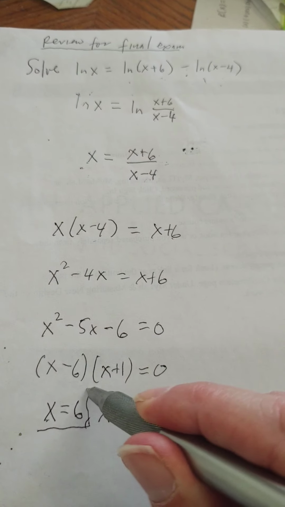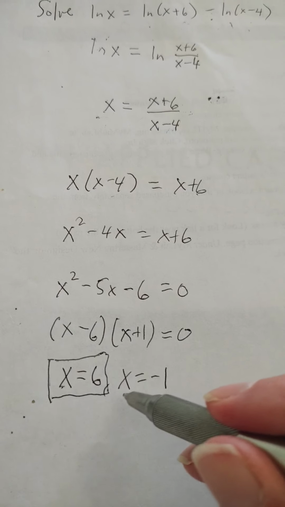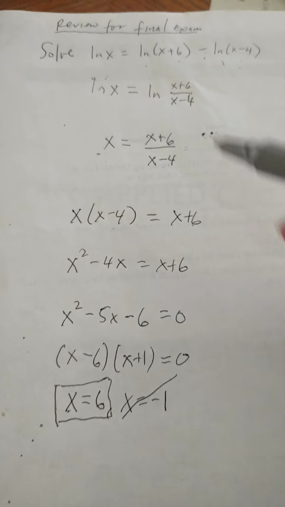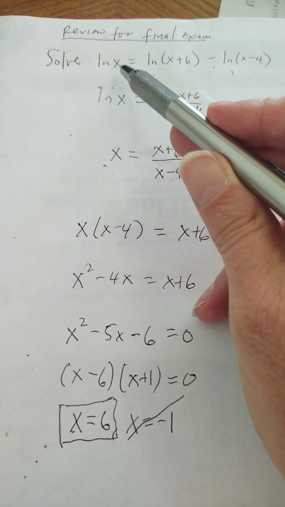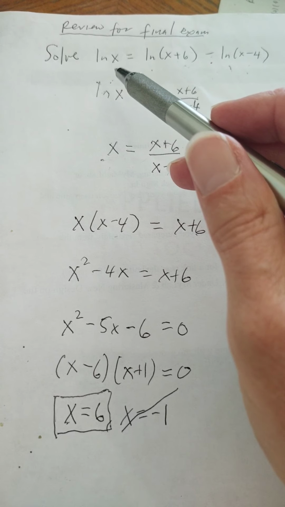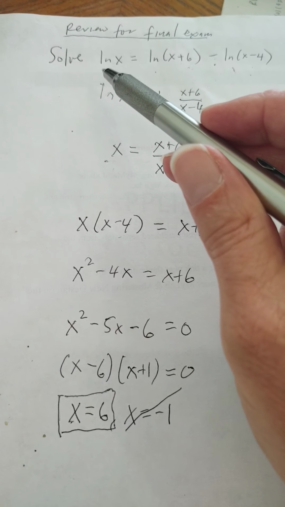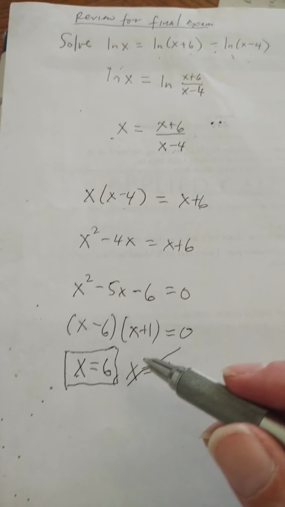I'll box that answer. But x equals -1 must be rejected, because right here, if x is -1, you cannot take the log of a negative number. So you can stop right there. Reject x equals -1. You can only take the log of a positive number. Okay, so I'm done with the problem, x equals 6.